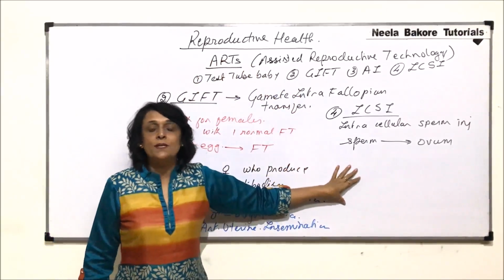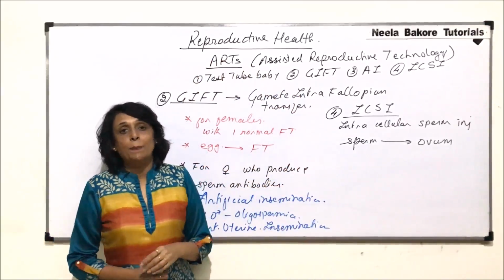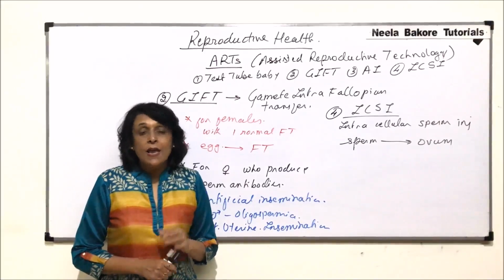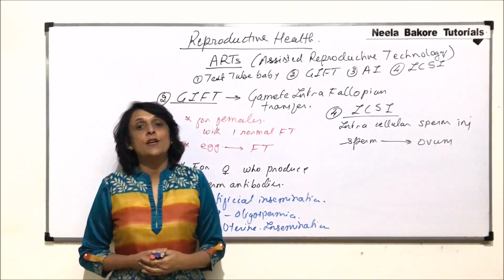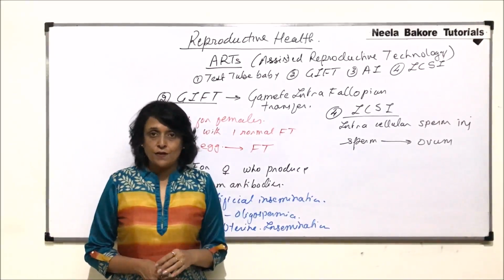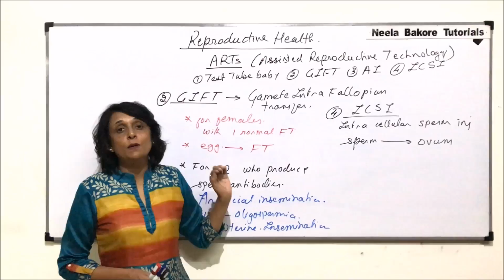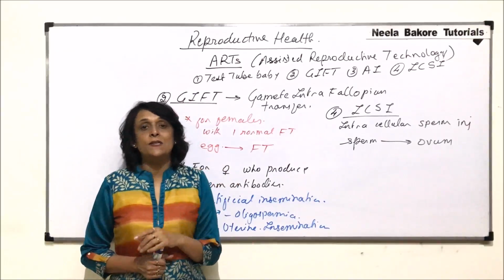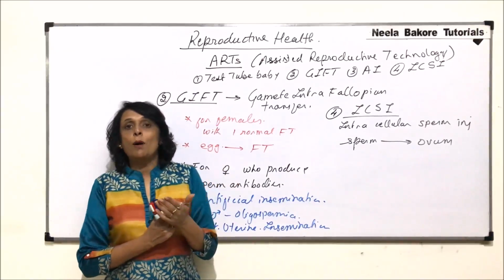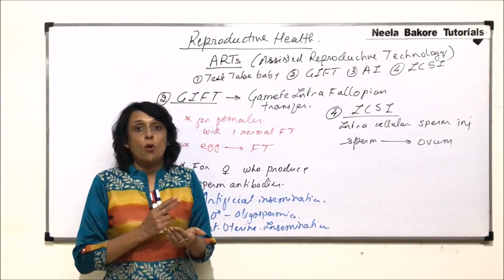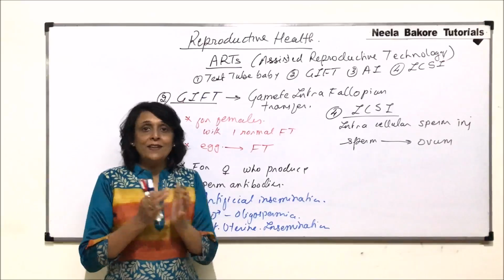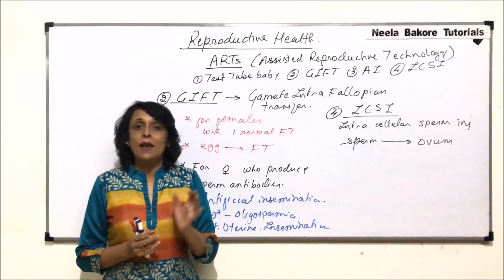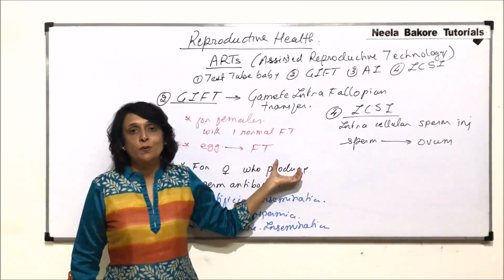the basic purpose is to help the couple have children if there is some kind of problem or issue associated with their reproductive system. So when we are talking of reproductive health, in the beginning we said controlling overpopulation is one aspect of reproductive health, and having children is also essential, and that is also a part of reproductive health.